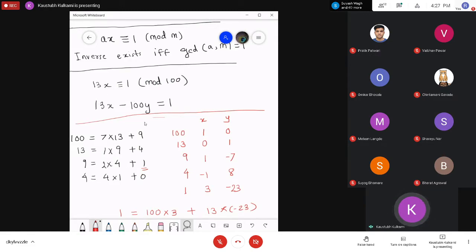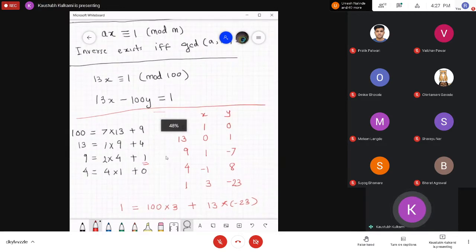The only reason of bringing it in this form was to make it familiar, because we had used a similar terminology in Euclidean algorithm. Yes, it should have been switched actually, I think. Because we are actually finding 100 plus 13y is equal to 1.